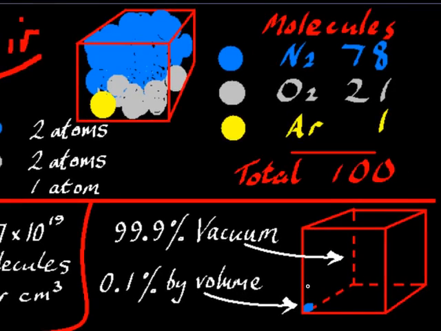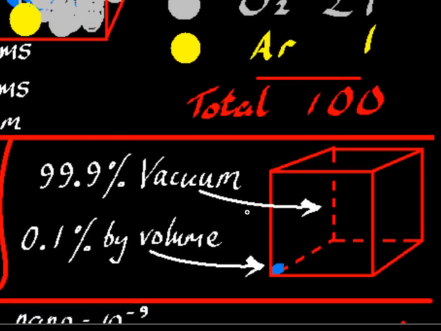Now, if you were to take a box of air and push all the molecules into one corner, compressing them as much as you could, the volume of those molecules would only take up 0.1% of the whole box.